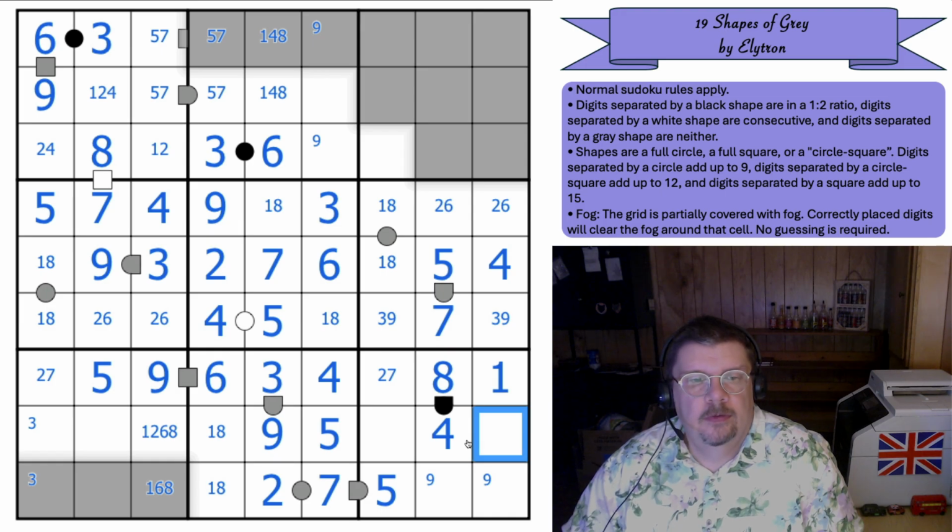So it must be Sudoku somewhere. The key is finding where.